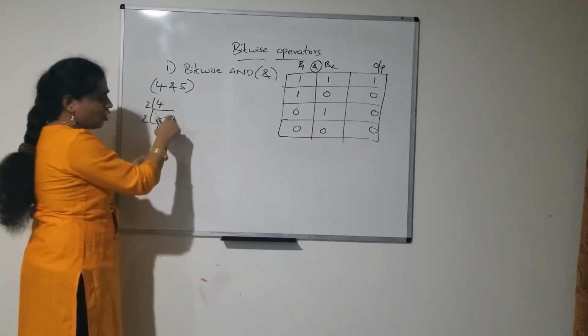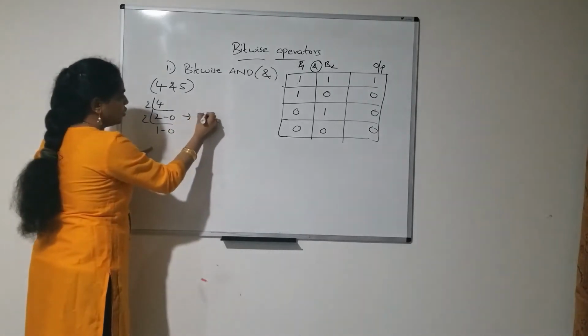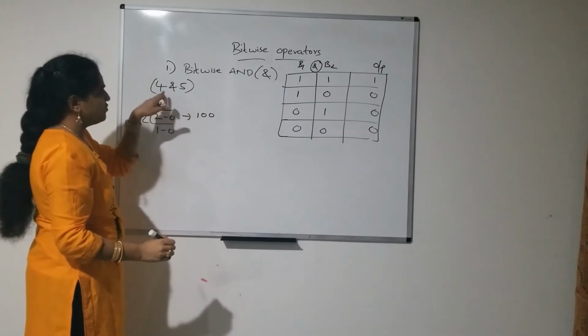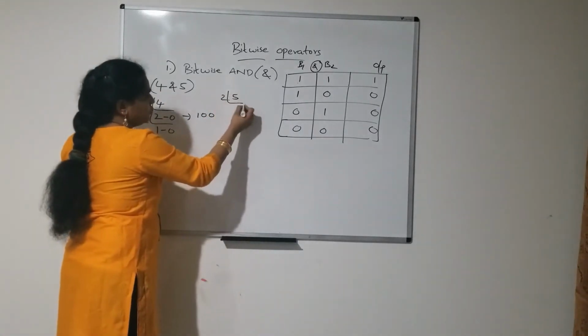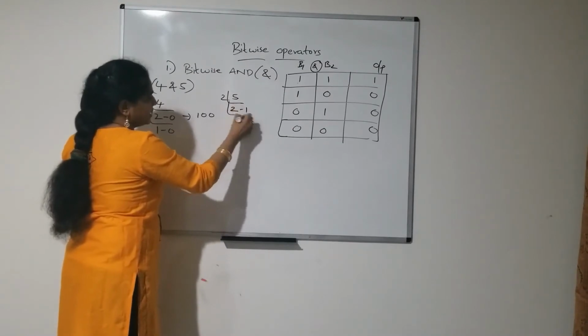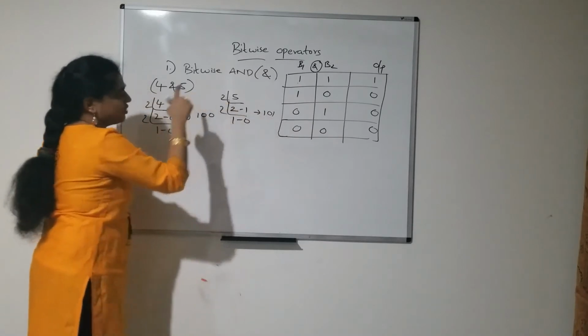So I get the data in zeros and ones, and 1 0 0 is the binary representation for 4. Similarly for 5, divide by 2: 2 twos are 4, remainder 1, again 2, 1, 0. So 1 0 1 is the binary representation for 5.